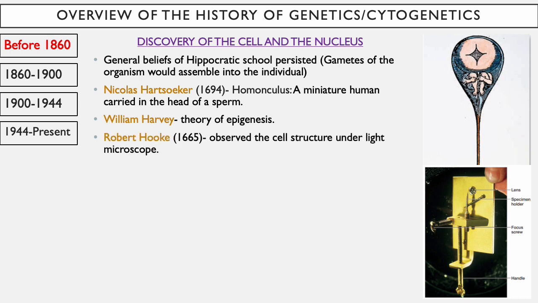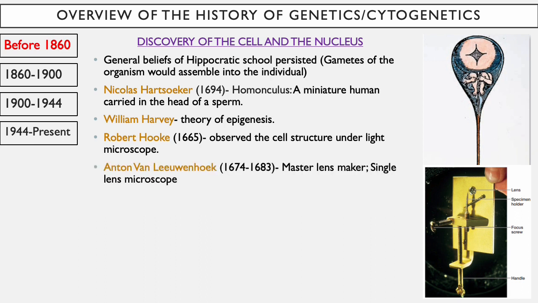Robert Hooke, in 1665, observed the cell structure under the light microscope. Anton van Leeuwenhoek was a master lens maker, and he made the single lens microscope. So he created the single lens microscope and therefore paved the way to allow us to study this microscopic structure called the cells.